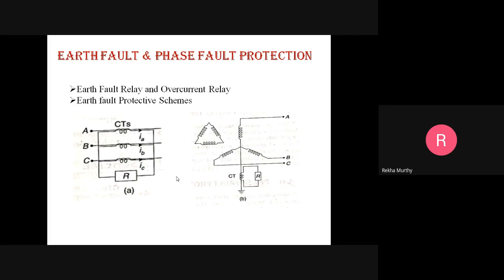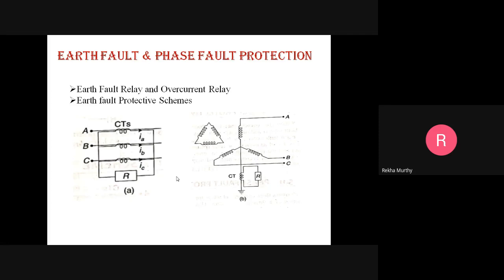Earth fault relays are more sensitive compared to relays used for phase faults. The plug setting for the phase fault relay varies between 50 to 200% of the CT secondary rating in steps of 25%. The name phase fault relay is not common. The common name for such a relay is the overcurrent relay. So do not get confused by the terms overcurrent relay and phase fault relay.